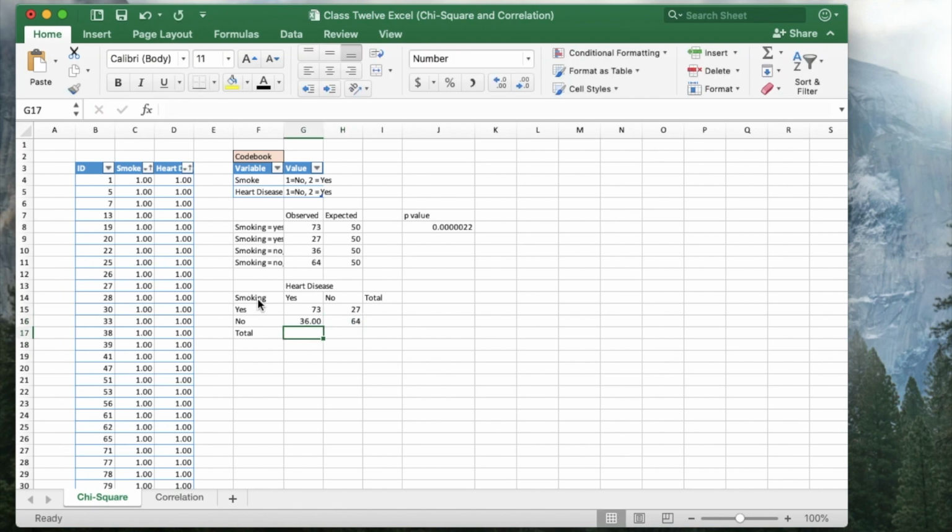And then for our total, we're basically just summing the columns here. And then doing the same for our rows.